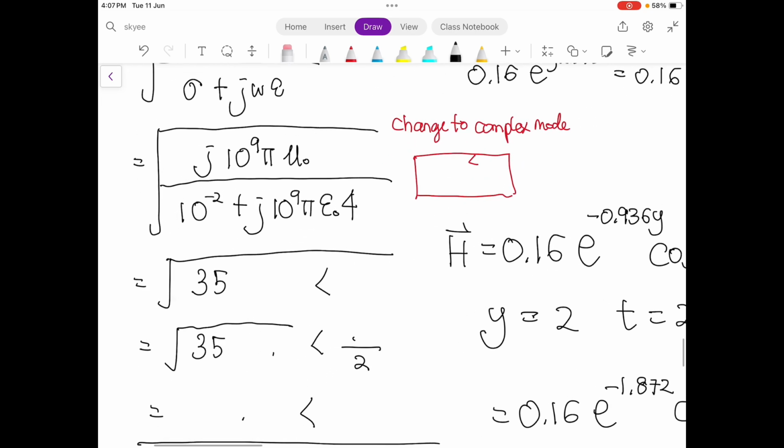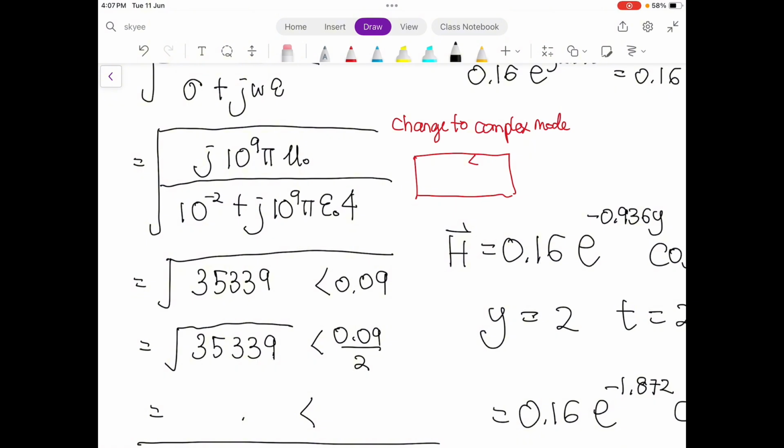So this one is 35339, and the angle is 0.09. Okay, 0.09 divide 2. Okay, let me try again.